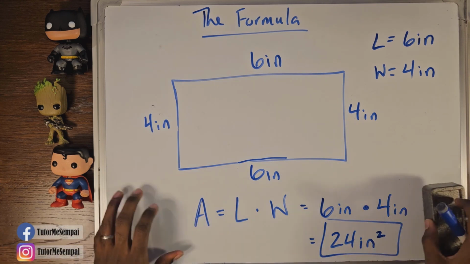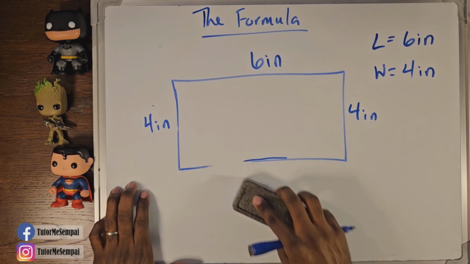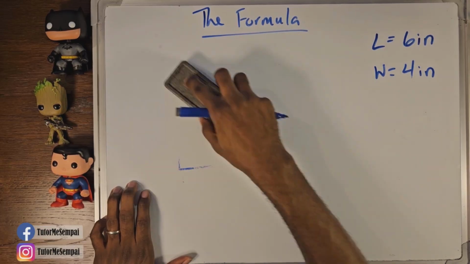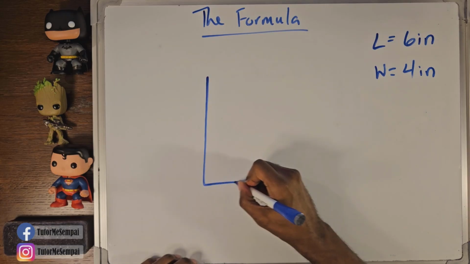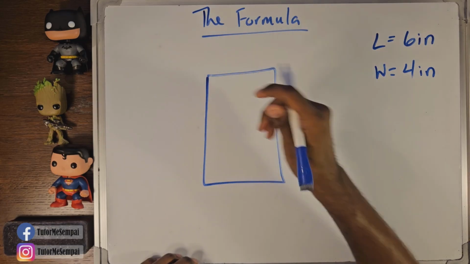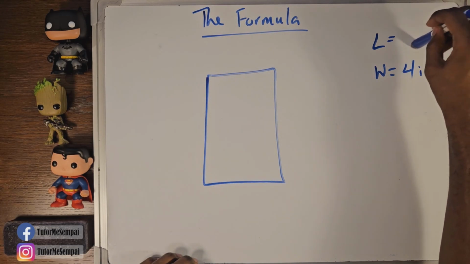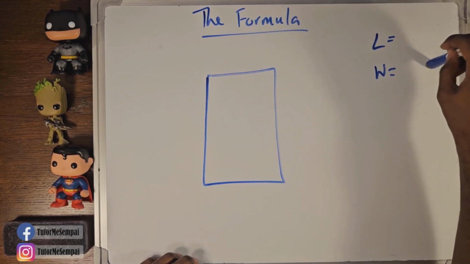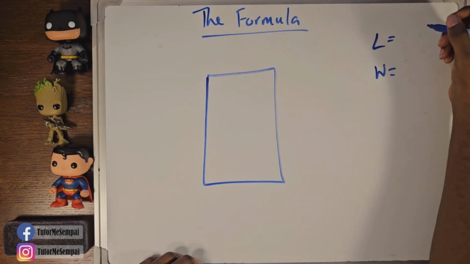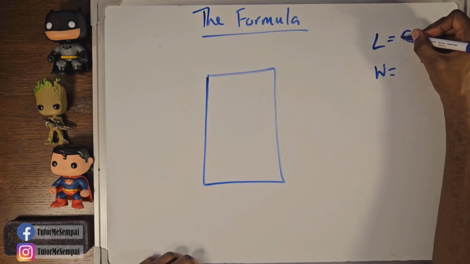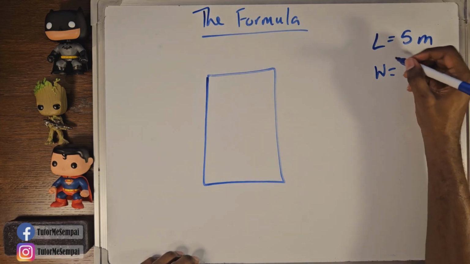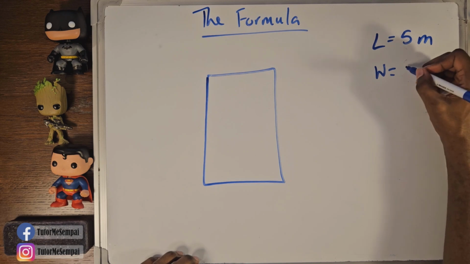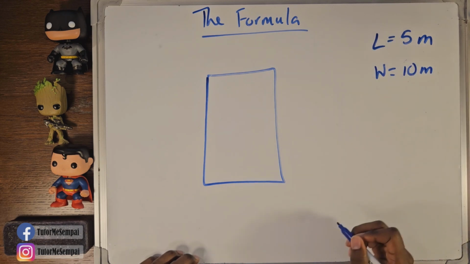Let's get another example in where we can use our area formula for a different looking rectangle. Let's say we have a rectangle that looks like this now, and our length and width are different. Let's say we have a length of 5 meters and a width of 10 meters.